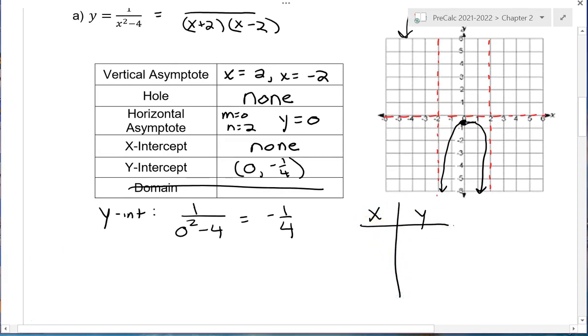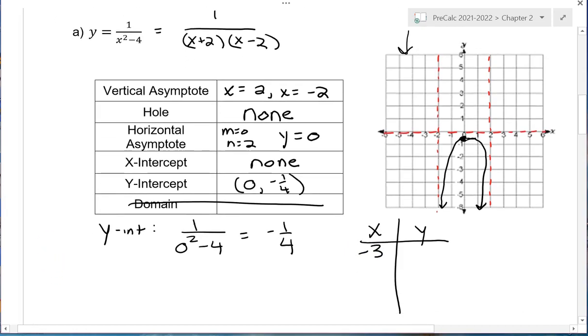And I am going to pick a point. Let's pick negative 3. Now I'm just going to plug in that negative 3. So 1 over negative 3 squared minus 4 gives me 1 over 9 minus 4. I get 1/5. So at negative 3, 1/5, so right about there.